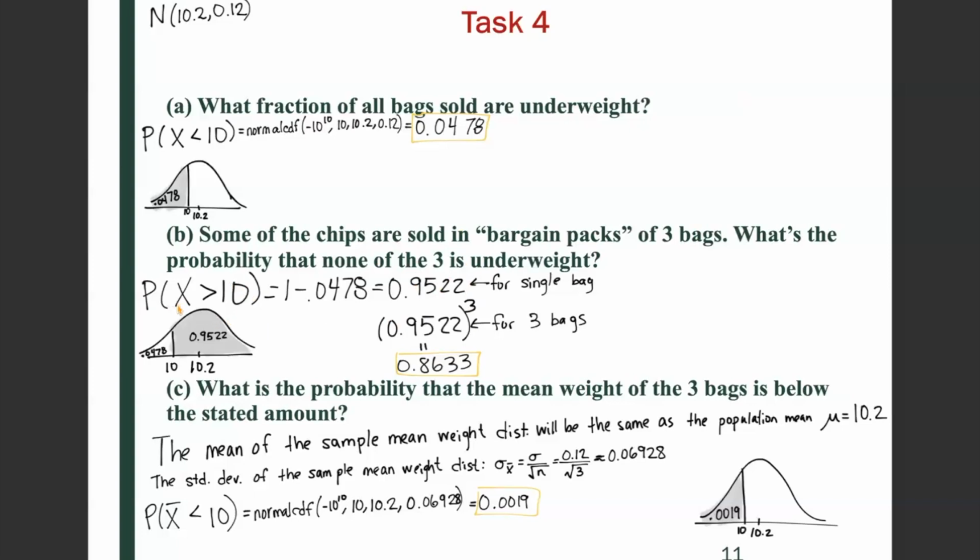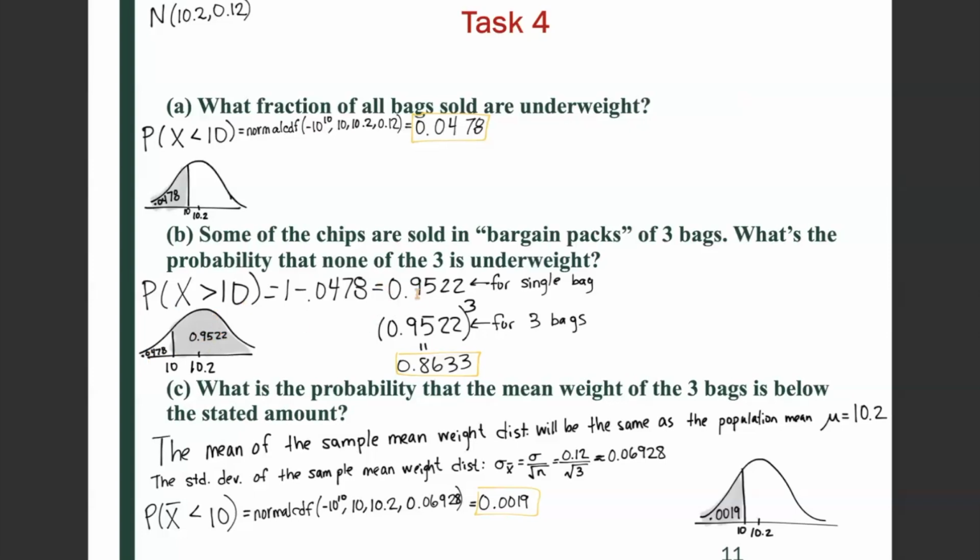So the probability that x is greater than 10 is going to be, well, we already found this area under the curve to the left of 10. So for the remaining area under the curve, we can do 1 minus 0.0478, which is what we found in part A, which is 0.9522. So that gives us the area under the curve to the right of 10, or in other words, the probability that x is greater than 10.